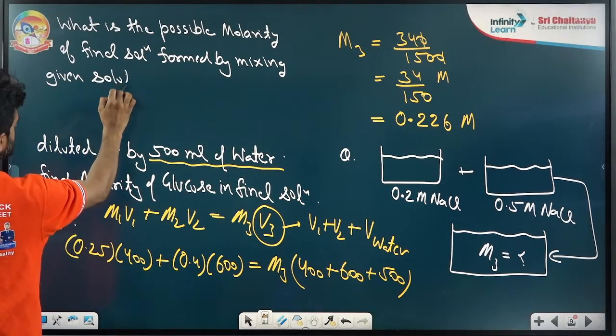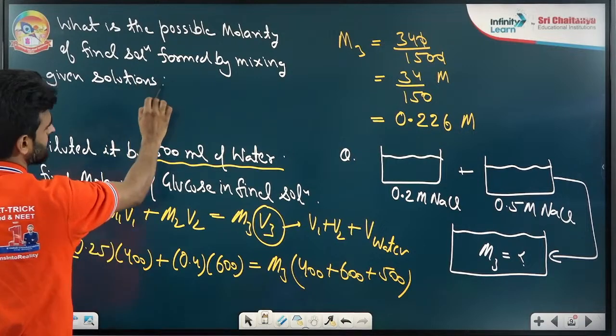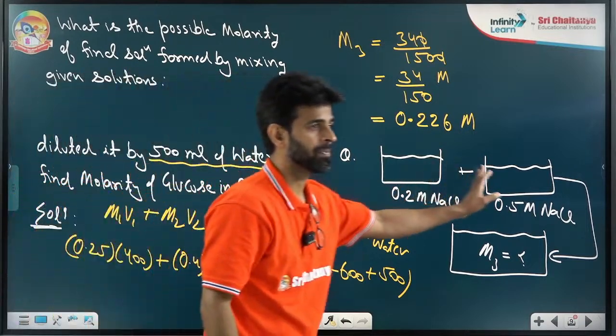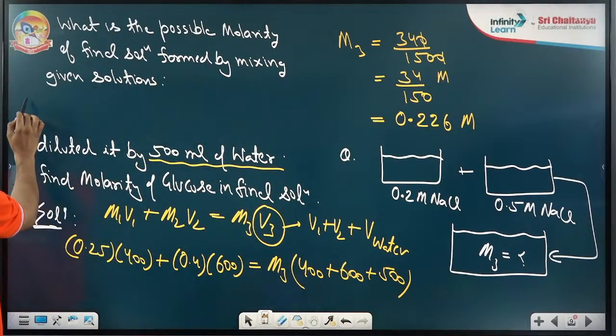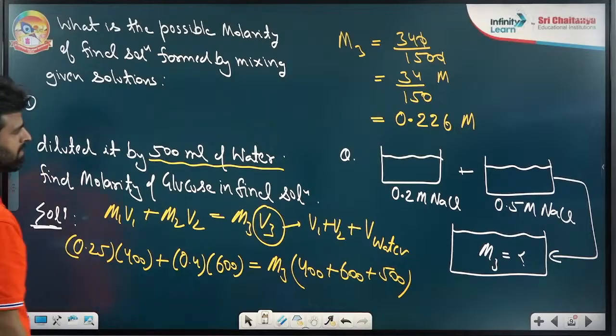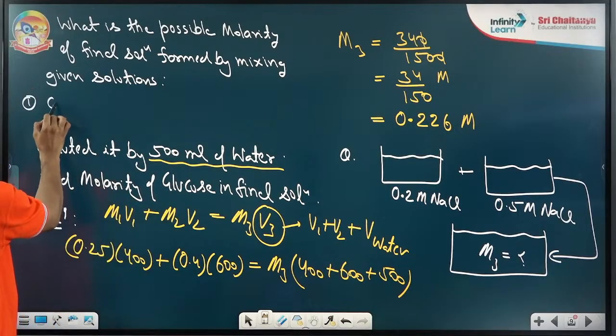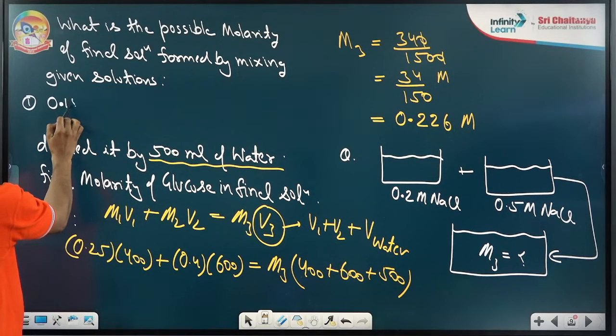We are mixing two solutions. I'm not adding any extra water. I'm just mixing both of them. The question is, what is the possible molarity? I'm giving you options. Options are very important here. First I am saying 0.15 molar.